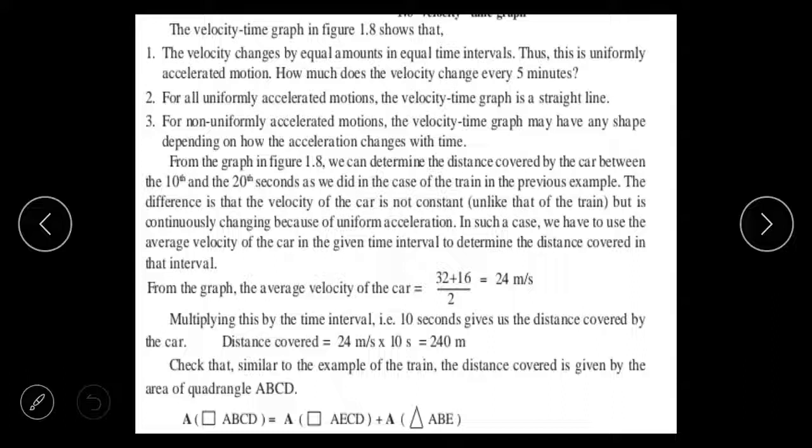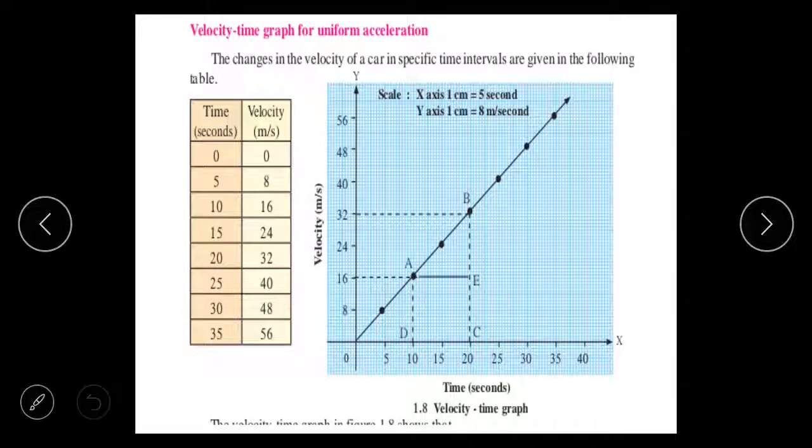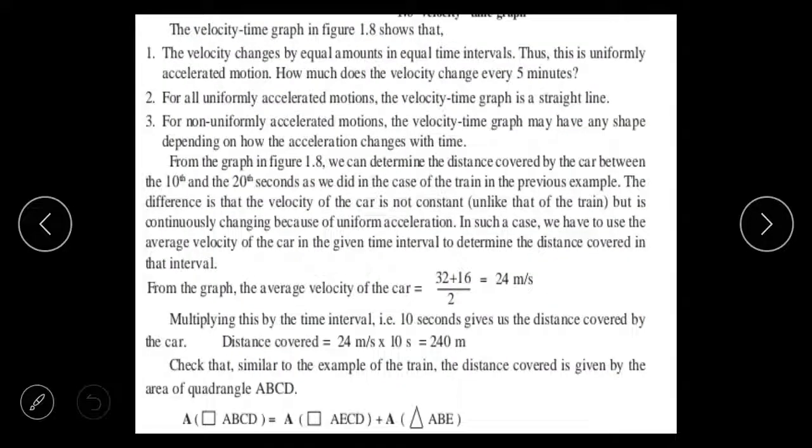From the graph in figure 1.8, we can determine the distance covered by the car between the 10th and 20th second. Here it is asking what will be the distance covered between the 10th second and 20th second. Is there any relation? Can we find that? There is an answer for this.